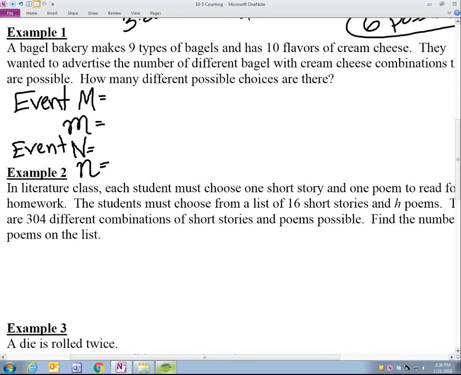Bagels. The bagel choice. And as James just said, 9. There are 9 types of bagels.